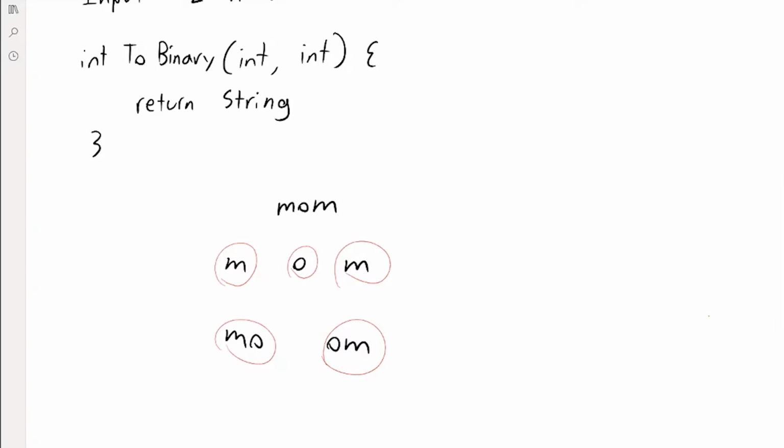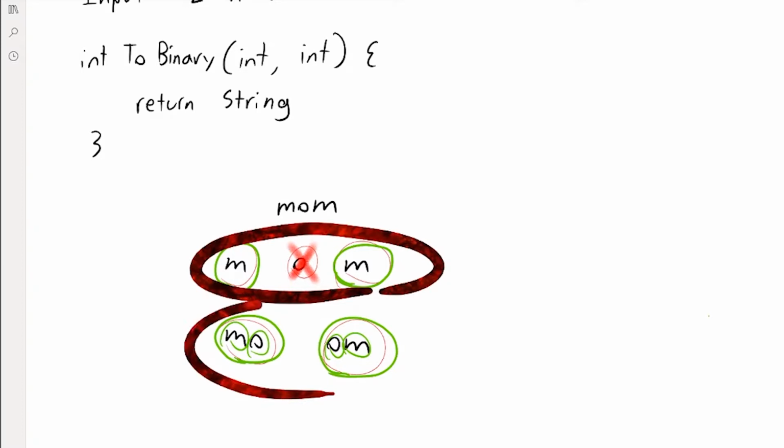So in this case, we've got M is a pair with M, and MO is a pair with OM because they use the same letters O and M. Whereas O itself does not have any substring pairs, all right? So the answer to this is 2 pairs. You've got 1 pair here and 1 pair here. That's a big pen, but it gets you the idea, right? So the answer, if we were provided with MOM, is 2.